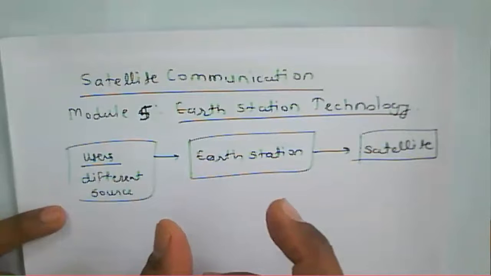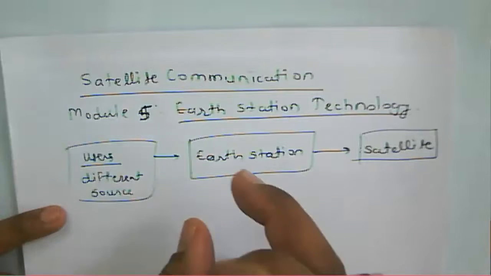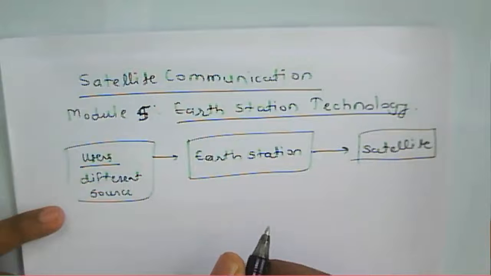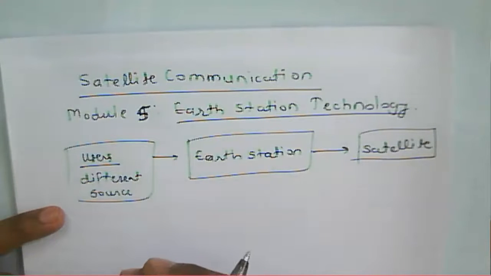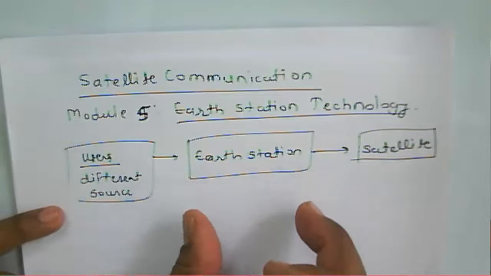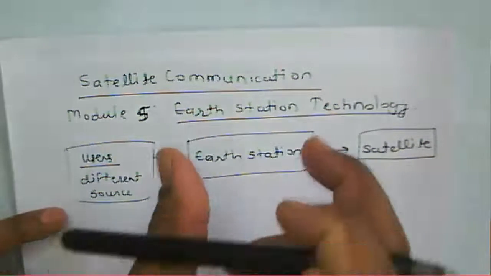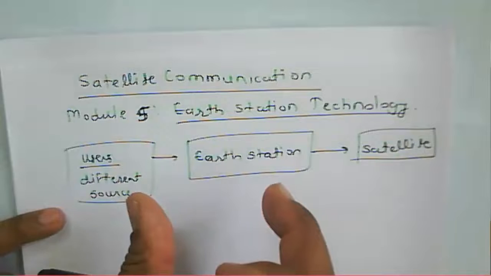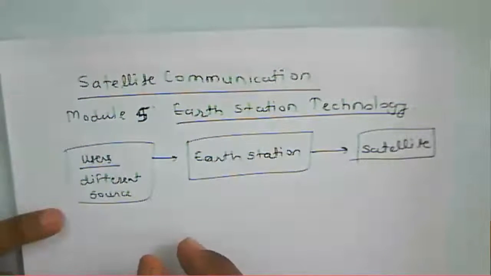Then suppose we are going to communicate through an aircraft. In that case an aircraft can act as an Earth station, with the users, the aircraft, and then a satellite.